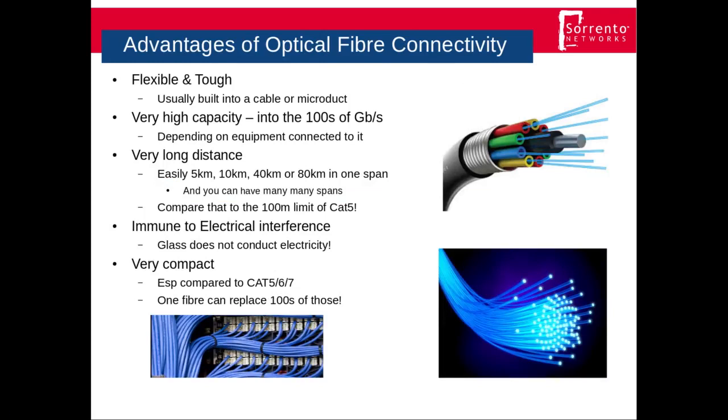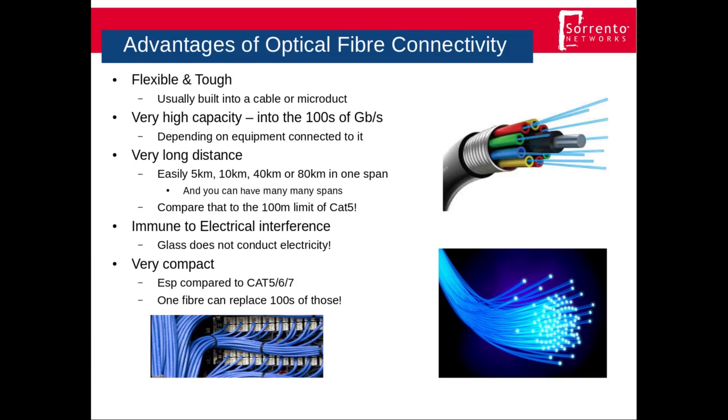So the advantages of fibre are its enormous capacity, of course. When built into a cable, either with a C-tube inside a gel-filled core of a specialist cable, or a loose tube where it has microducts to go inside, it's extremely tough, very high capacity, and the distance, as I mentioned, can be many kilometers, many tens, hundreds, thousands of kilometers. As I've also mentioned in passing, it's immune to electrical interference, so that makes it particularly appropriate for harsh electronic environments such as railways, factories, long distances, immune from radio pickup and so on.